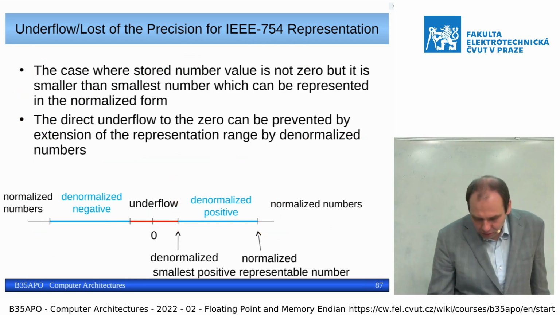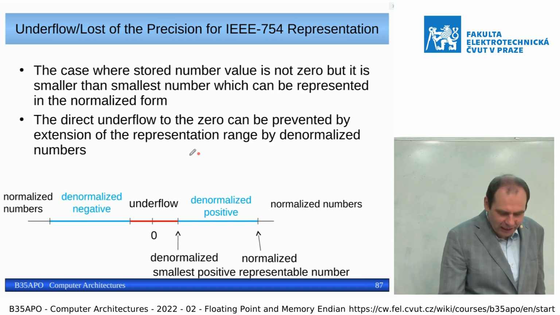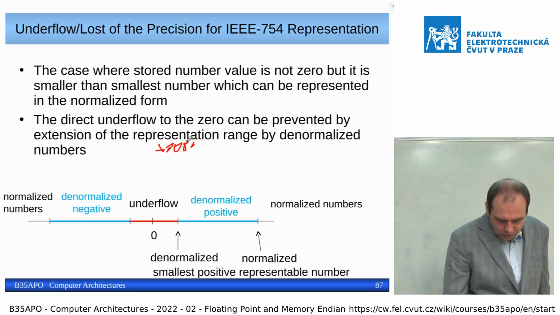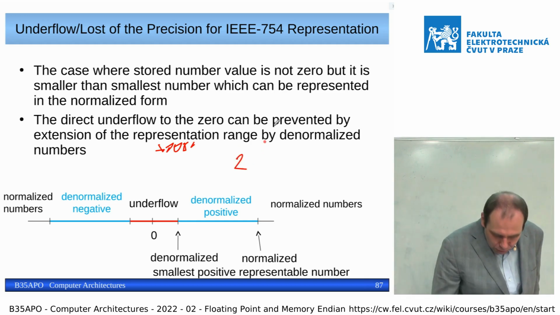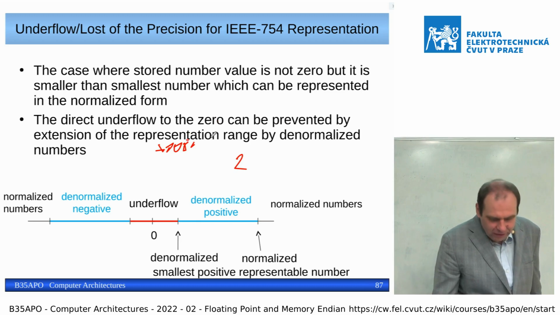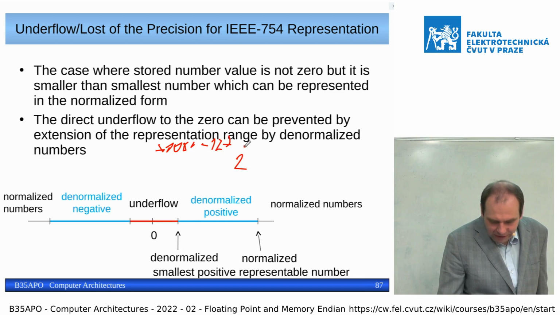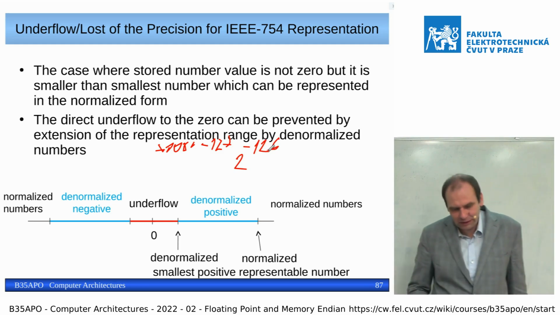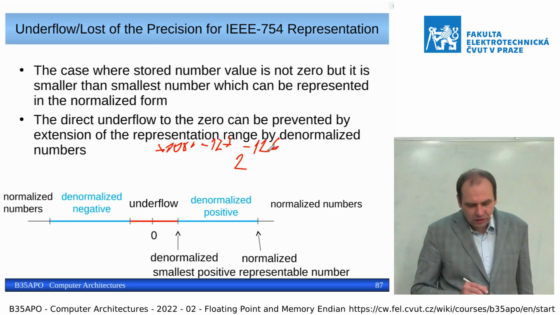So how is it solved? The representation decides that the exponent which is all zeros is a special one. So it doesn't represent 2 to the power minus 127, but it represents only 2 to the power minus 126 in this concrete case, but without a hidden one expectation.